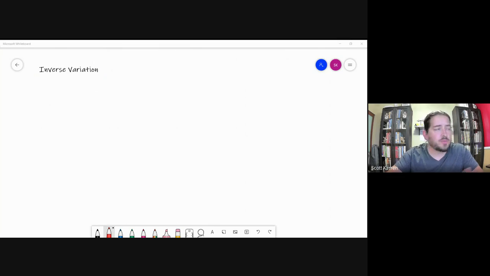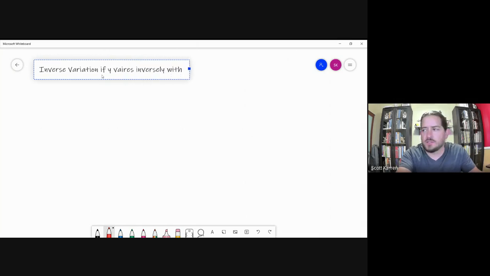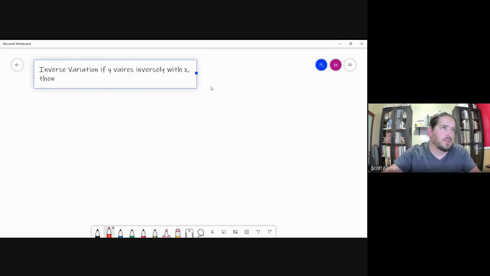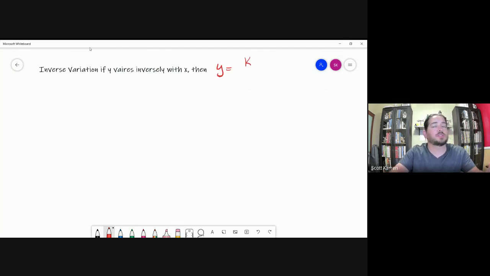We'll go through an example, but inverse variation essentially says that if y varies inversely with x, then we have the equation y equals still that k, that constant of proportionality, but now it's divided by x.